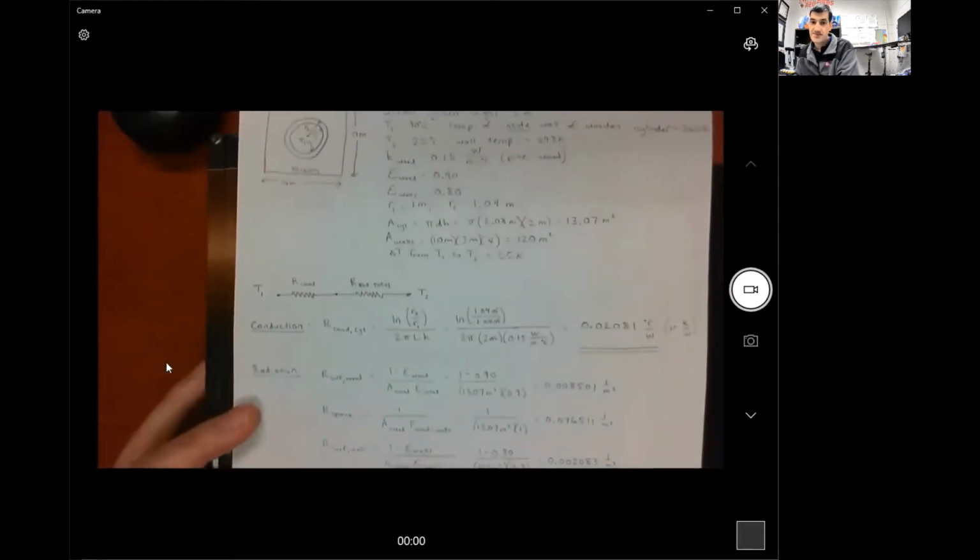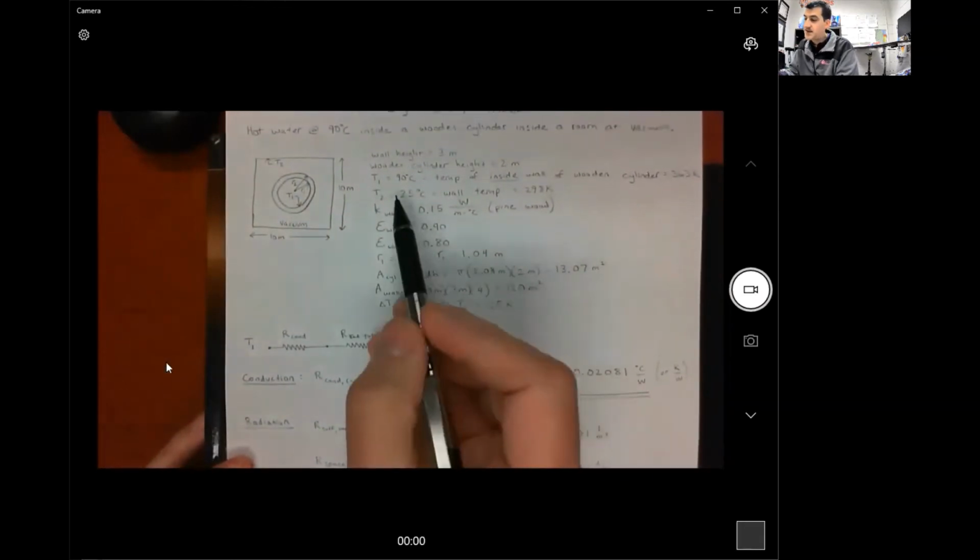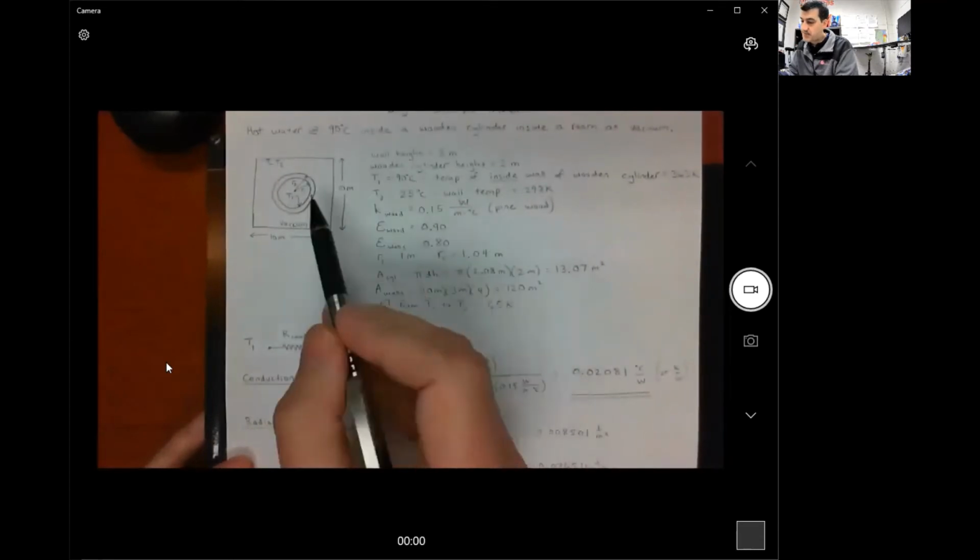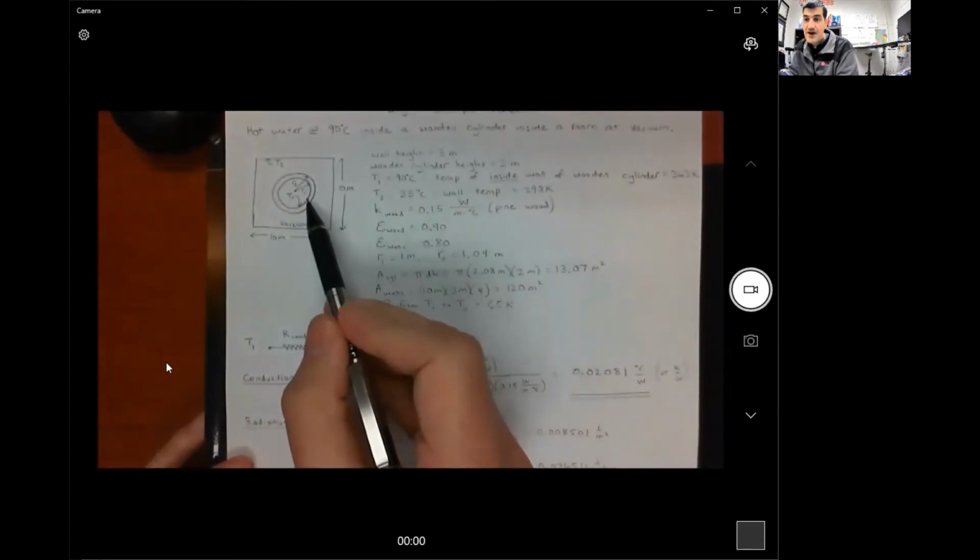60 Celsius is 333 Kelvin, which would make the delta T across the wood of the barrel equal to 30 degrees. And the way I got that was, we know from the givens of the problem that 90 degrees is the temperature at the inside of the wood. And now I'm guessing that the outside temperature of the barrel is 60 degrees Celsius.